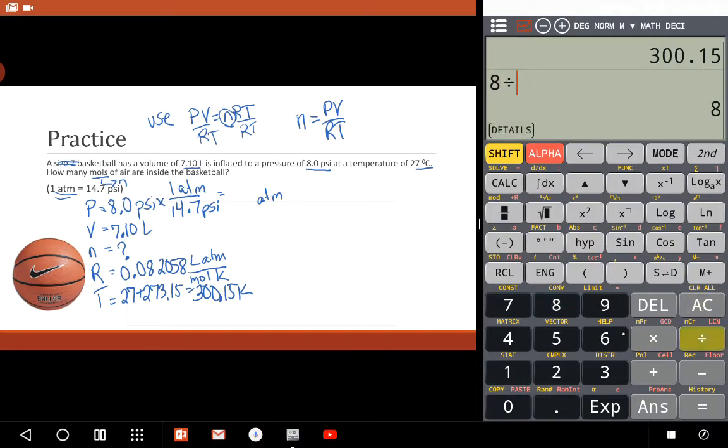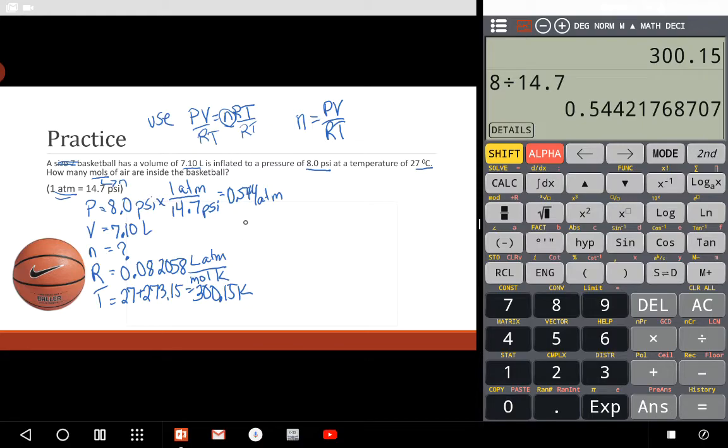So 8 divided by 14.7. I'm going to go ahead and store that value. And so that's going to be equal to 0.544 atmospheres. So now I can plug into my rearranged algebra equation here.